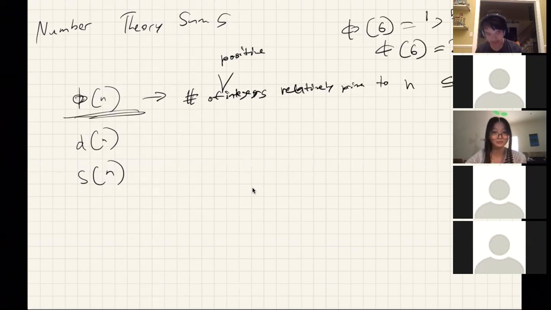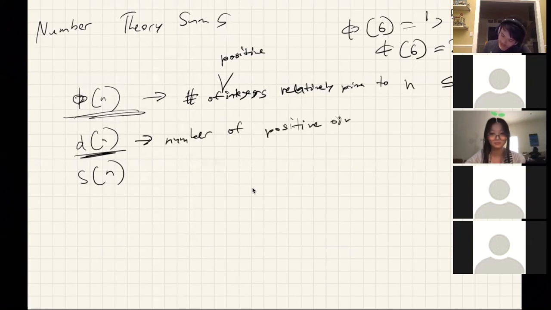So that's phi of n. It shows up decently often. Then there's the divisor function d of n, the number of positive divisors of an integer n.